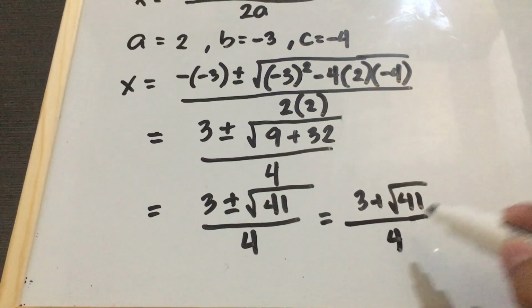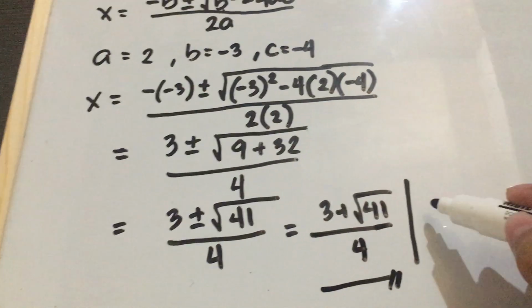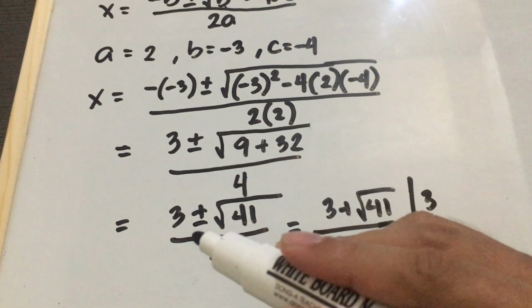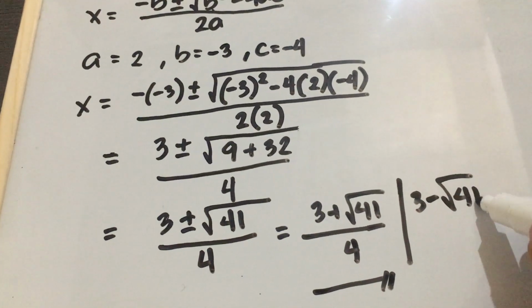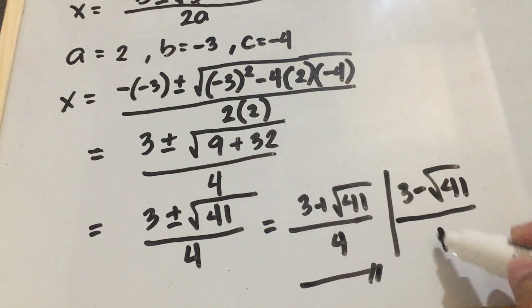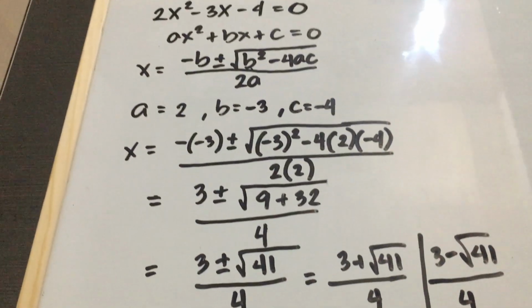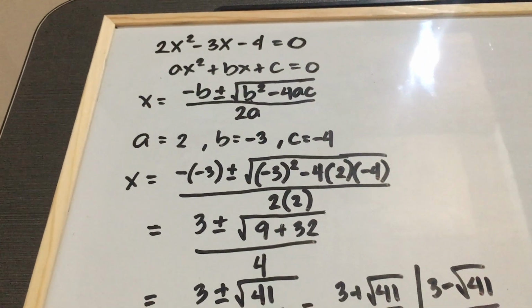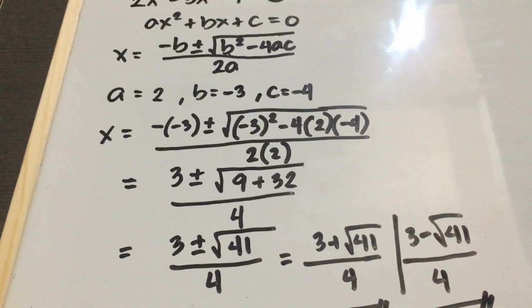That is one answer. And the other answer is 3 minus square root of 41 over 4. So these are the answers of our quadratic equation 2x squared minus 3x minus 4 using a quadratic formula.